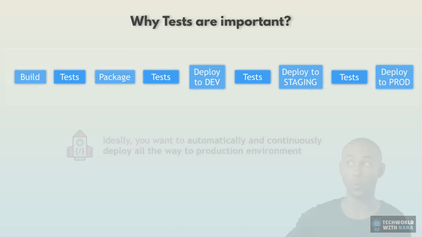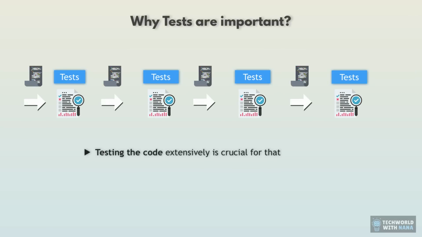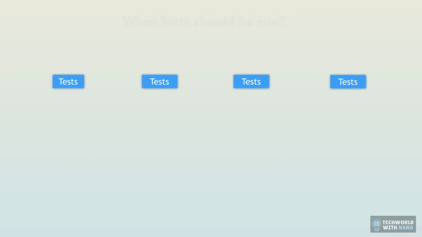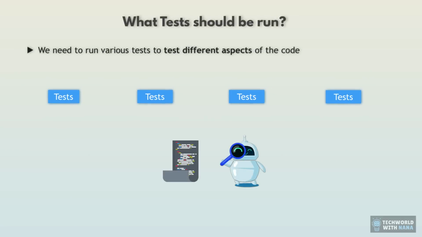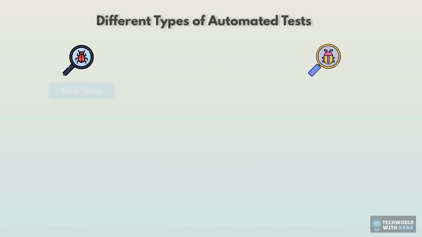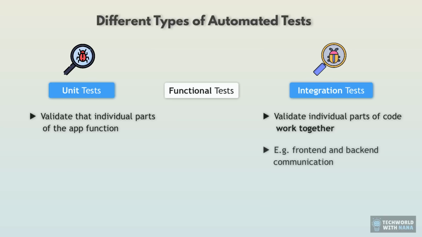But for this to work, you need to have lots of tests to make sure what you are committing to your main branch can be deployed and released to the end users. So various tests should be run to test different aspects of the code changes that are about to be deployed. Now, what are those tests that we want to run in this release pipeline? You will have unit tests or integration tests that test your code logic with different inputs and parameters to make sure that it's able to handle different scenarios.